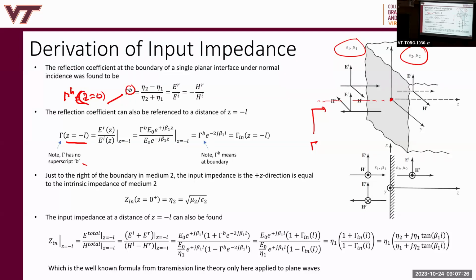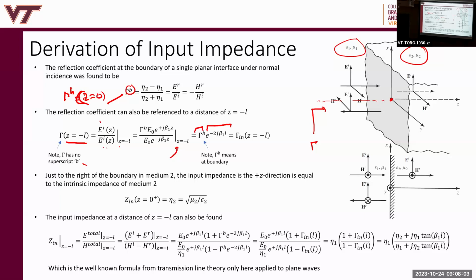Gamma at z equal to minus L is nothing but E reflected as a function of z divided by E incident as a function of z. We wrote these expressions down in the first slide we studied today, and evaluated now at z equal to minus L. So we end up with gamma b E naught e to the j beta 1 z divided by E naught e to the minus j beta 1 z, but now we're going to say z is minus L instead of z equal to 0. And if we do that, we end up with gamma b e to the minus 2j beta 1 L.